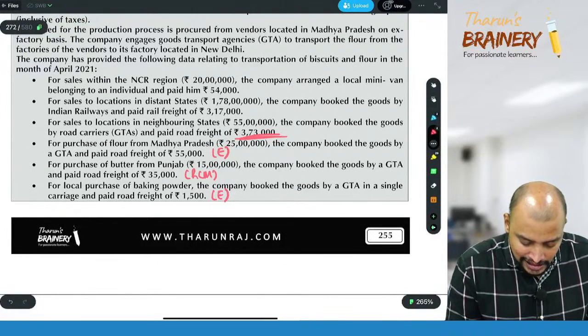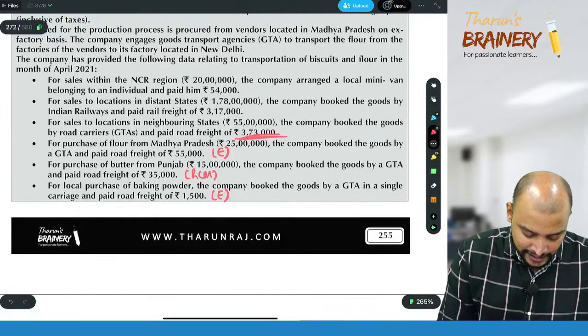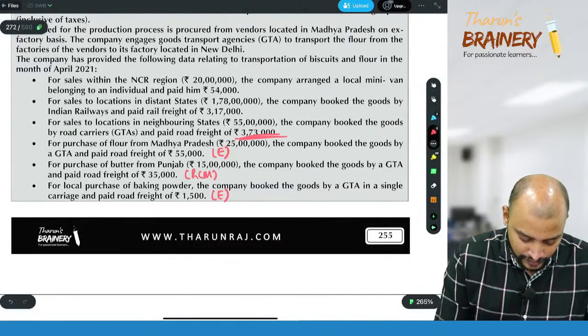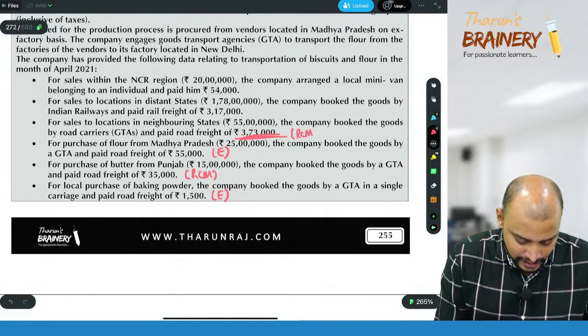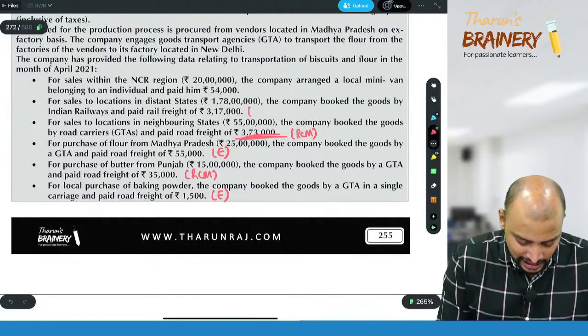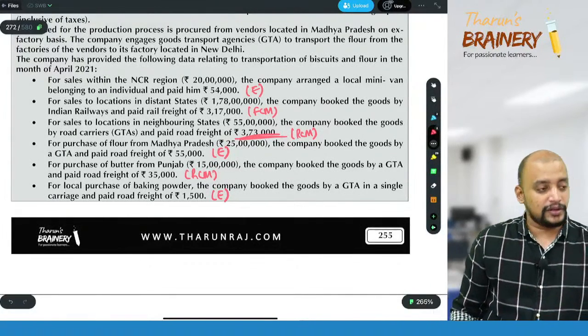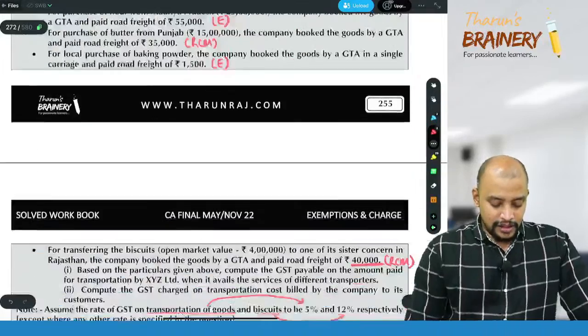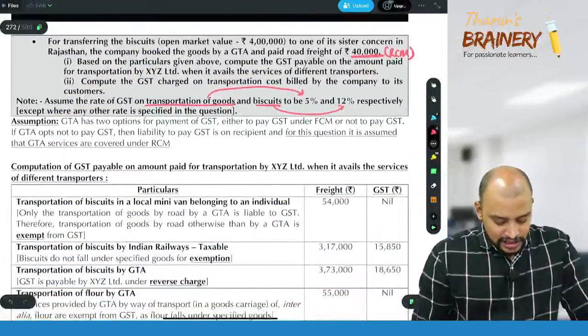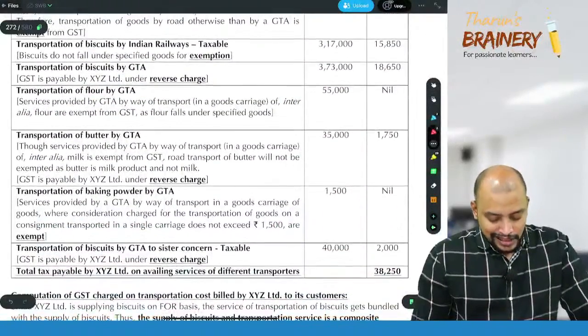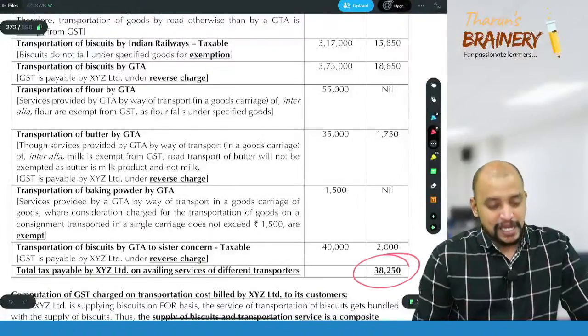This will be taxable under FCM or RCM? GTA, RCM. And this Indian Railways, FCM. And this will be exempted. So, on that GST is payable. Like that we need to take the total tax payable on inward supply.